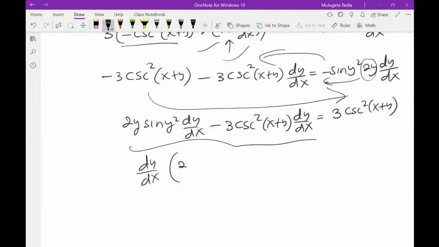So dy, 2y sine y squared, but the negative is already positive when I transfer it to the left hand side. So 2y sine y squared minus 3 cosecant squared of x plus y is a common factor.